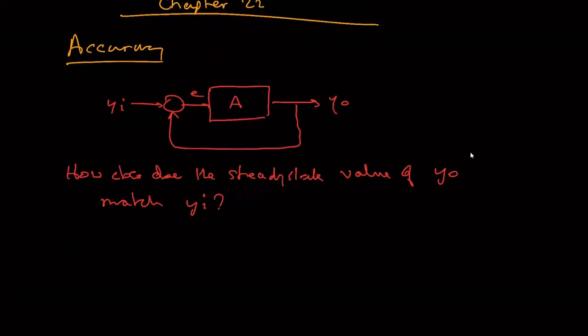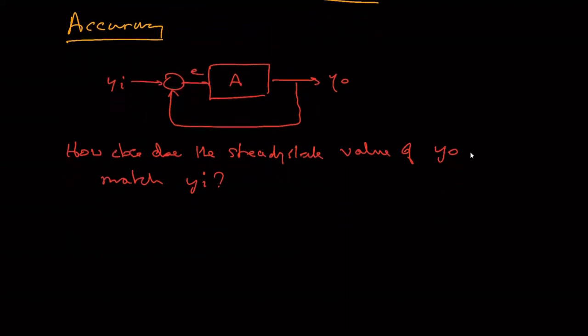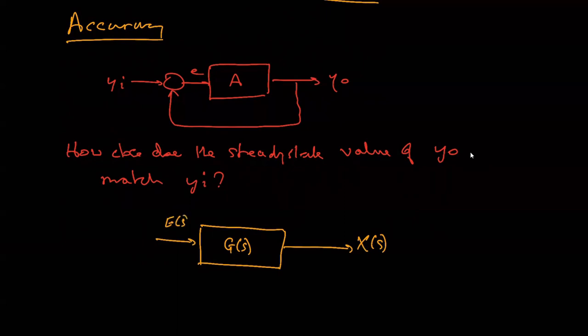The way to answer this question is to actually express this in the Laplace domain first. So I'm going to rewrite this. I'm going to have transfer function G of s in the process itself. The output is going to be X of s, the error is going to be E of s, the input is going to be R of s, and then I'm going to have a unit feedback there, and that's the comparator.